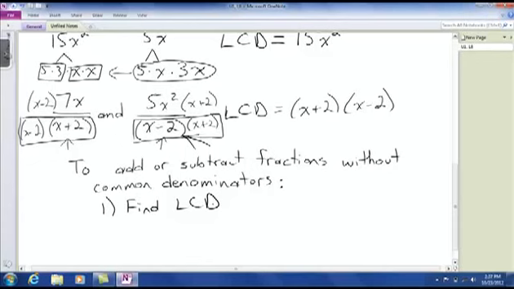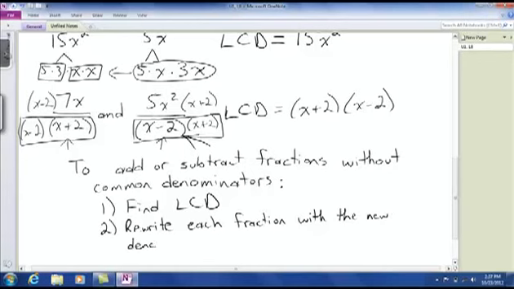Then after we know what the least common denominator is, as you kind of saw me do as an example on the last problem, we want to rewrite each expression or each fraction with the new denominator that we found in step 1.